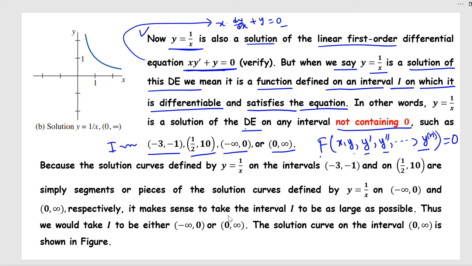On these intervals, the solution f will have continuous derivatives. Because the solution curves defined on these intervals are actually simply segments of the solution curves defined on the whole, in fact, open interval minus infinity to 0 of this function.